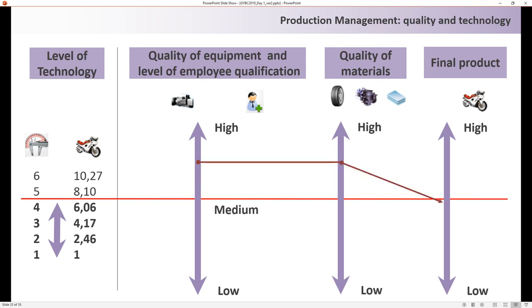In this case, it's definitely a certain bonus you could receive for producing goods if you have higher quality of equipment and qualification of employees, but that means also additional costs, as well as using quality of materials which are higher than required in order to receive the maximum quality.